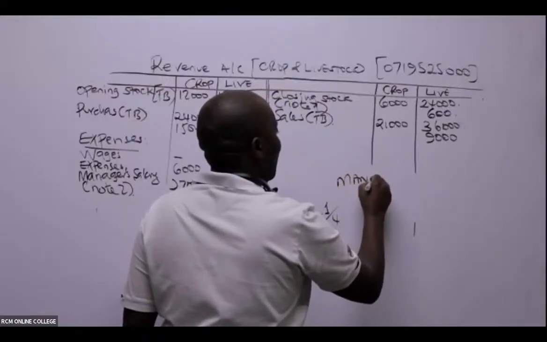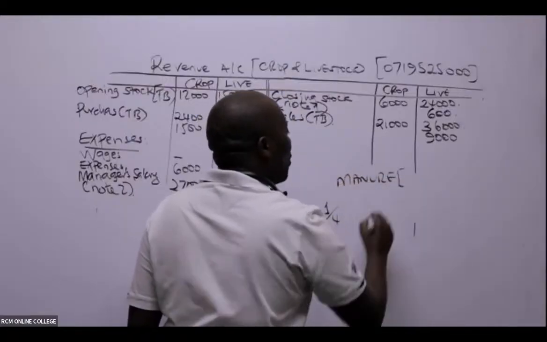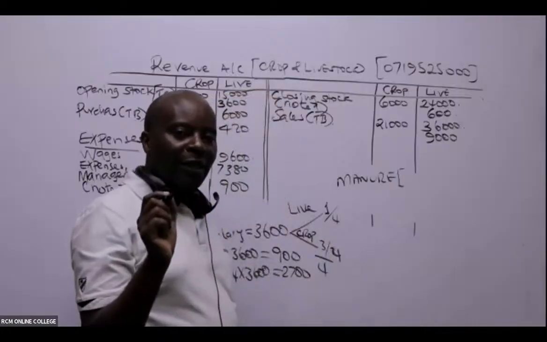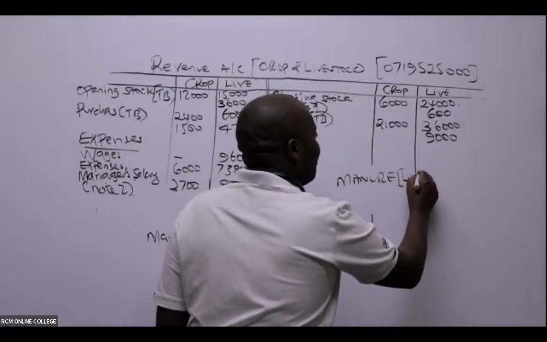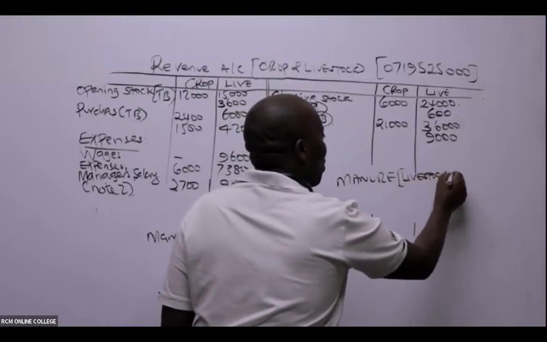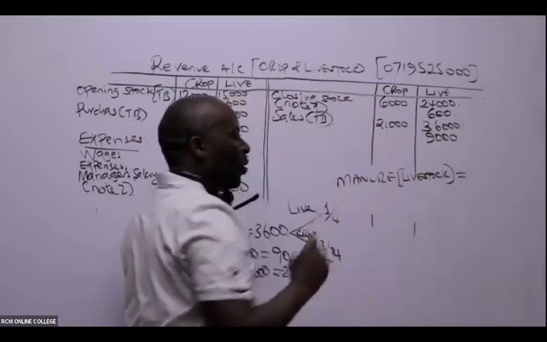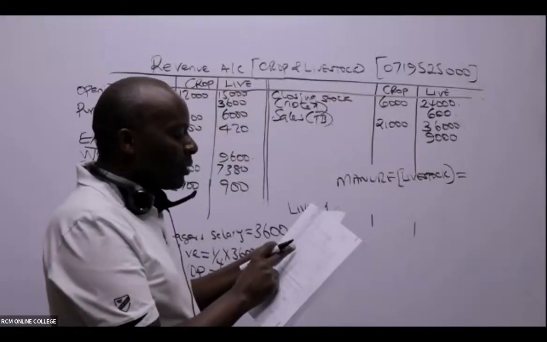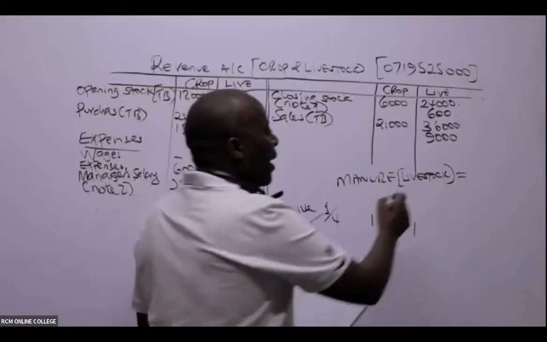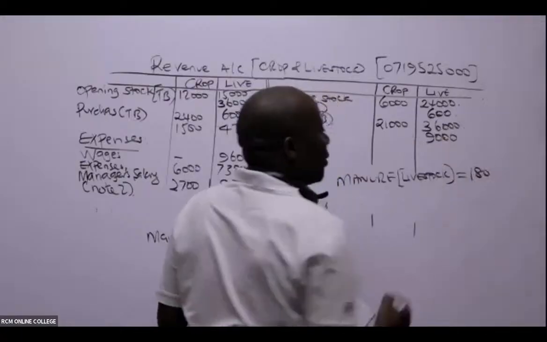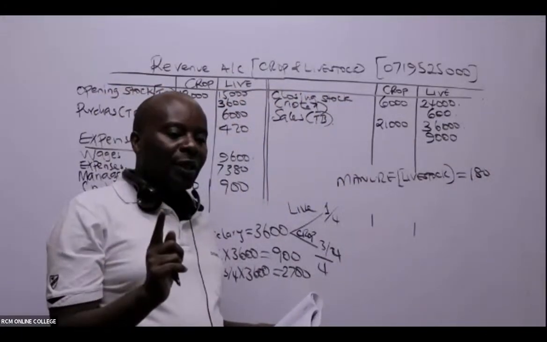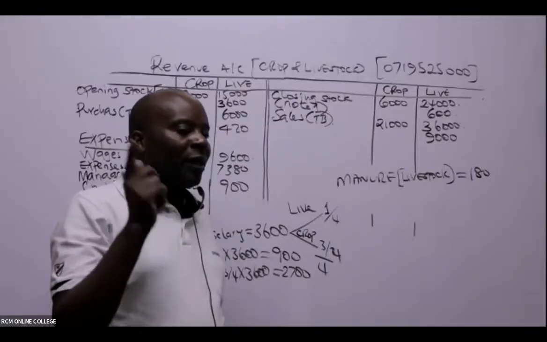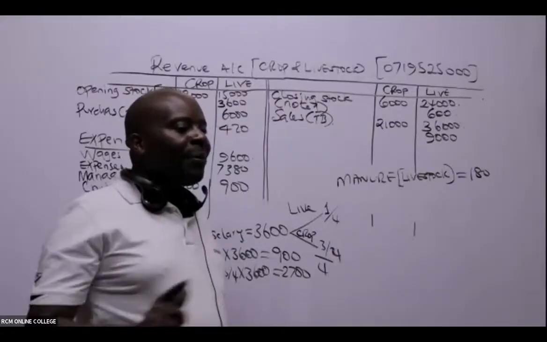So manure. Who produces manure? It is livestock. Manure is from livestock, and this manure is worth 180. Remember, our figures are in thousands. What happened with this manure?